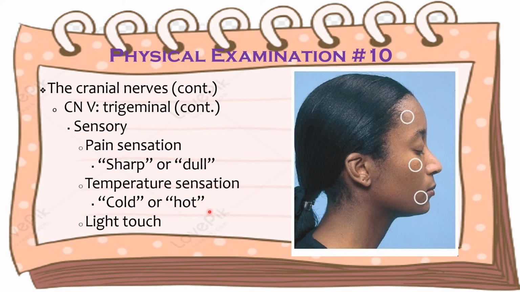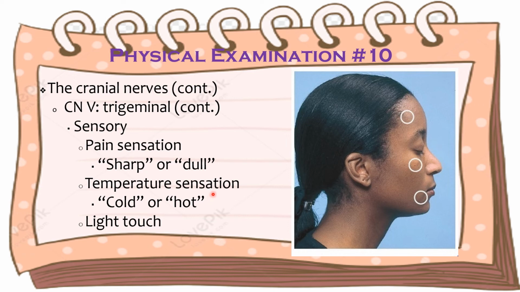Particularly if you detect a sensory loss, you can confirm it by testing the temperature. You can use 2 test tubes filled with hot and ice cold water, which is actually traditional, or a tuning fork may also be used.